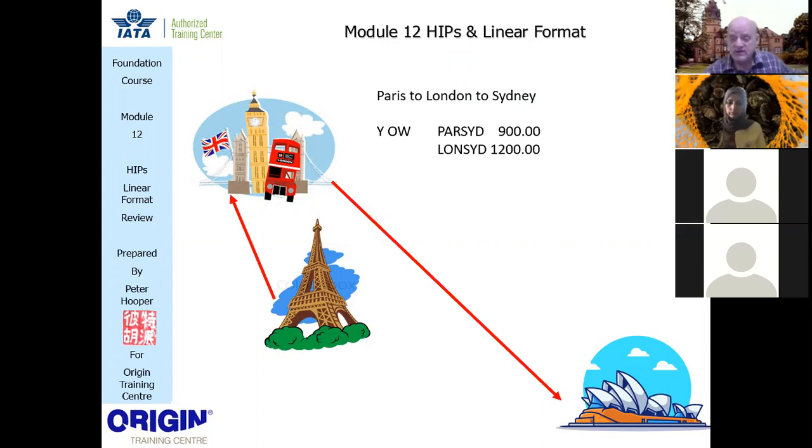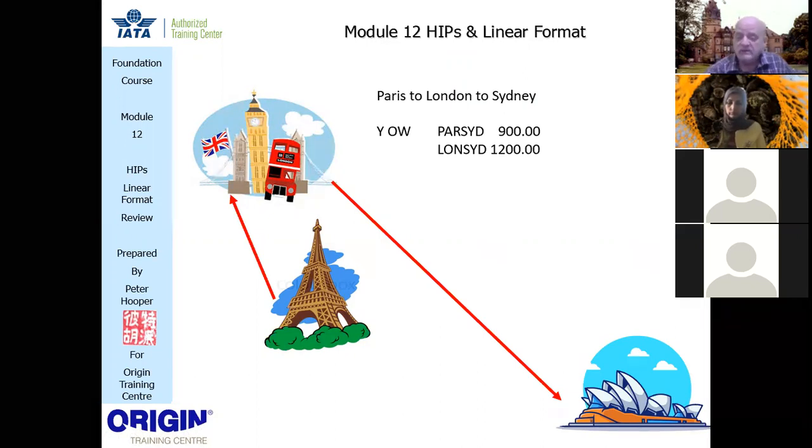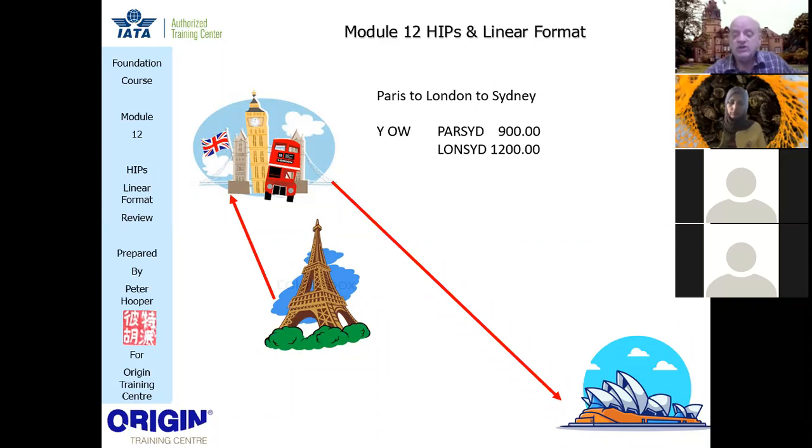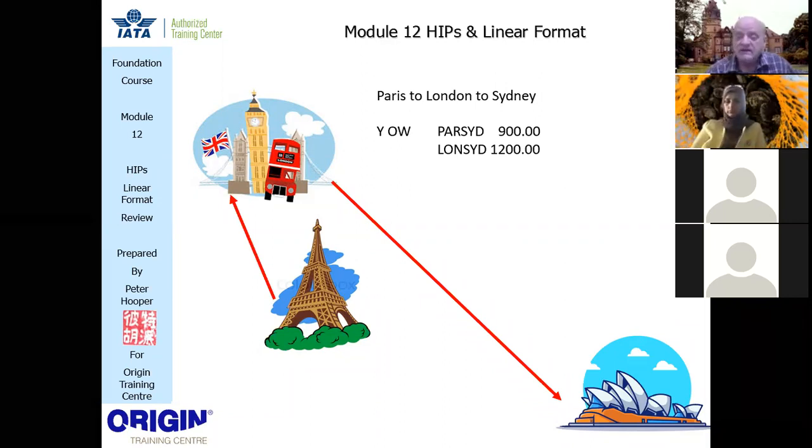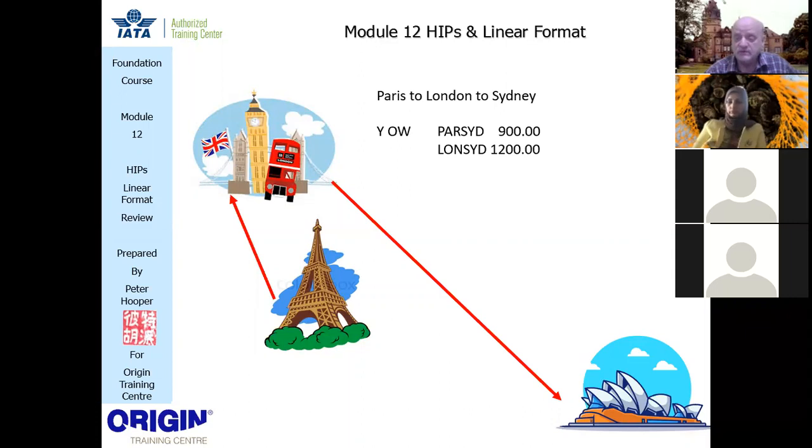It's like people in London, they will buy tickets Paris, London, Sydney, and not use the Paris-London sector. They'll just use the London-Sydney, they'll save money. So to stop that happening, airlines have an HIP rule. If you have a higher fare between intermediate points and the origin destination, you pay extra.